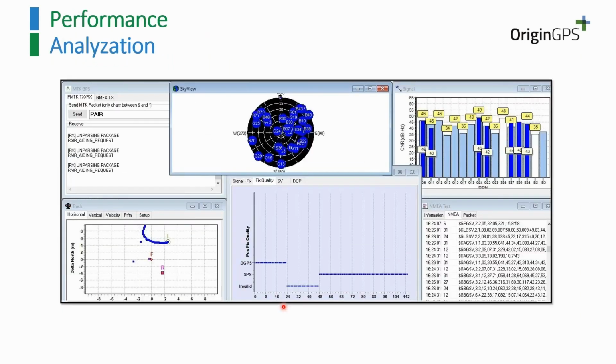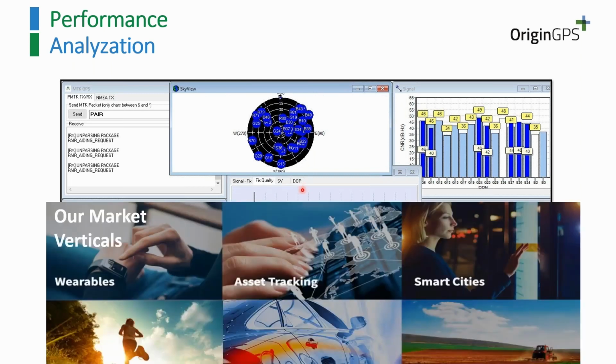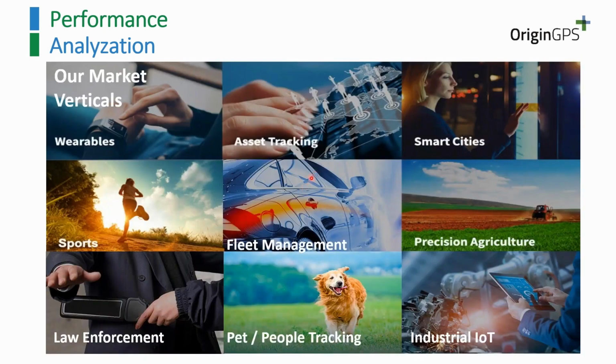So the important part, after we have a product with a GPS or GNSS module, is to analyze the performance. We have the tools, for example this one, to analyze what the performance is, what the quality is, and to reach conclusions on how we can improve the performance. For each type of application, there are different analyses.